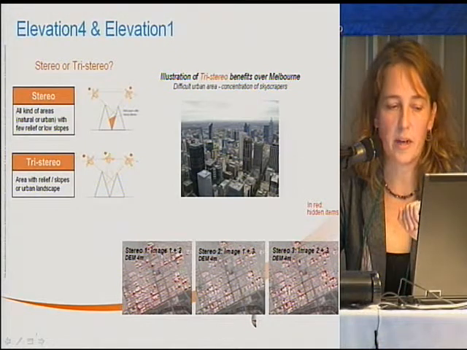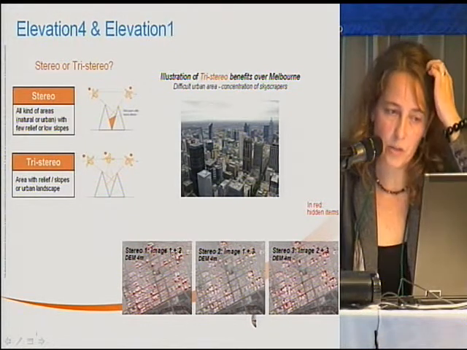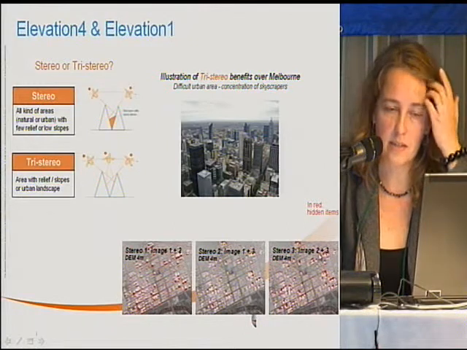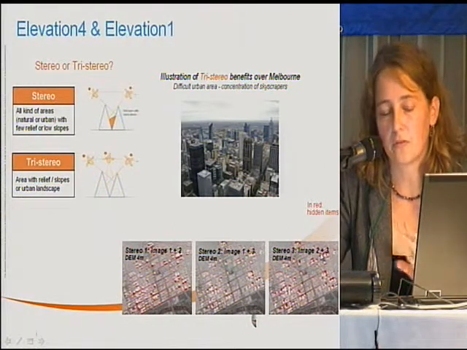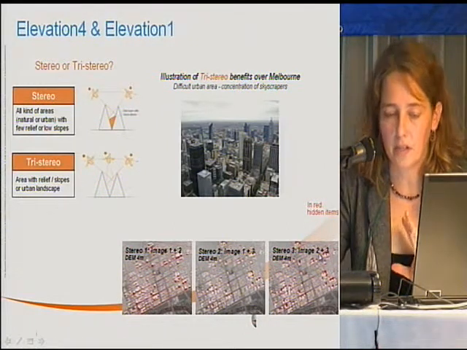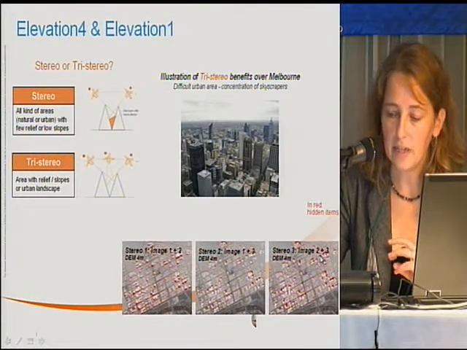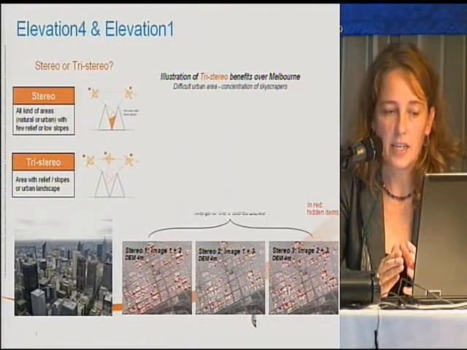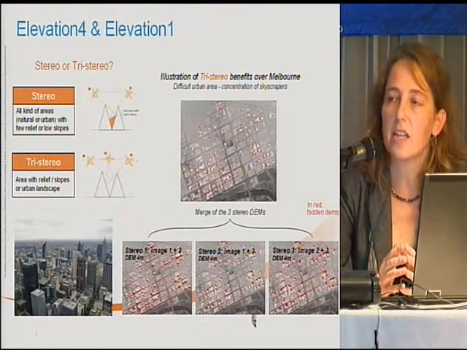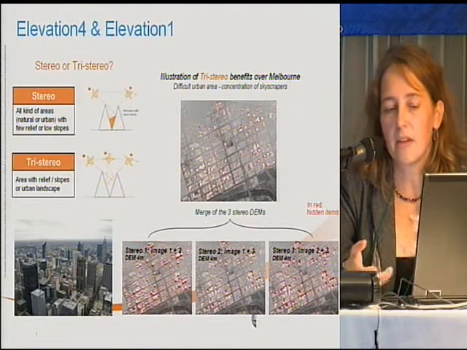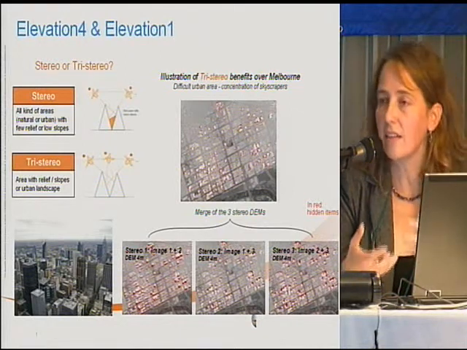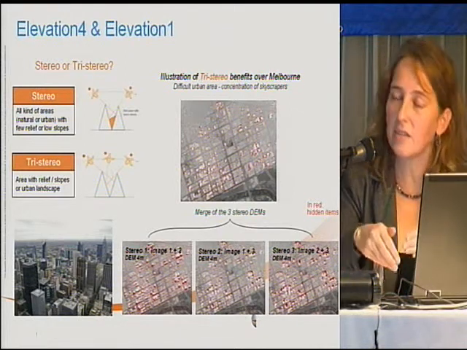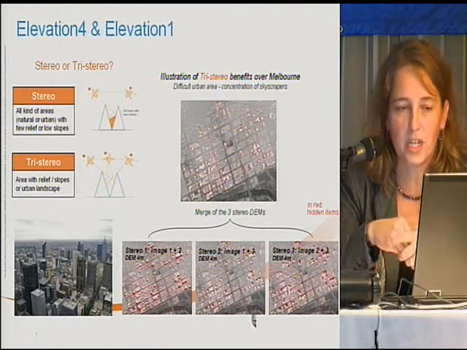In the first one we used image 1 and 2, then 1 and 3, and in the final example we have image 2 and 3. Finally we combine them together, and the red areas show the areas we cannot see in the data, because they are behind an object or in the shadow of an object.